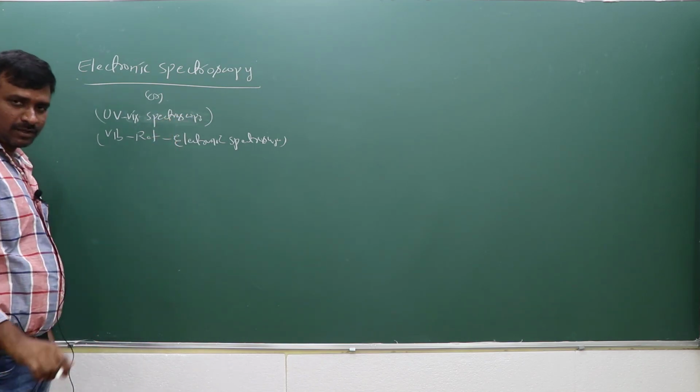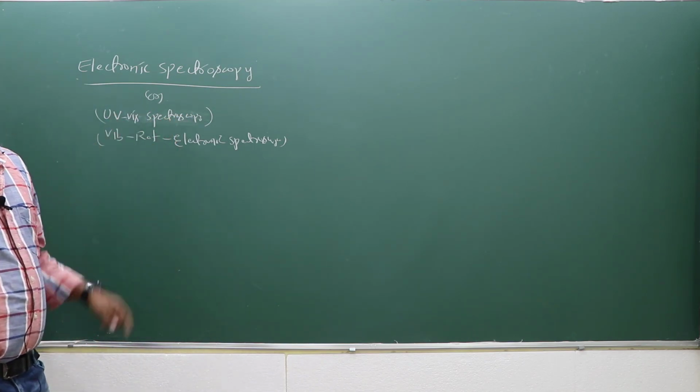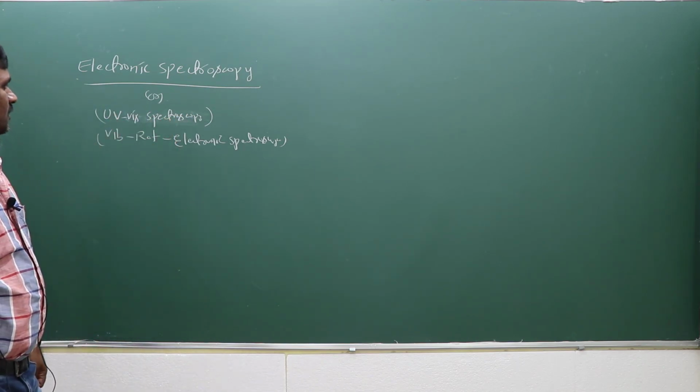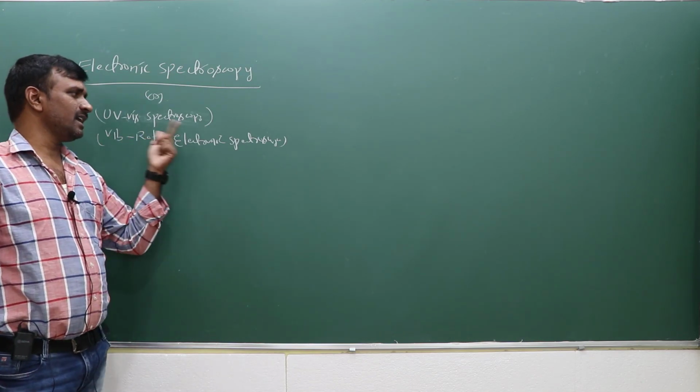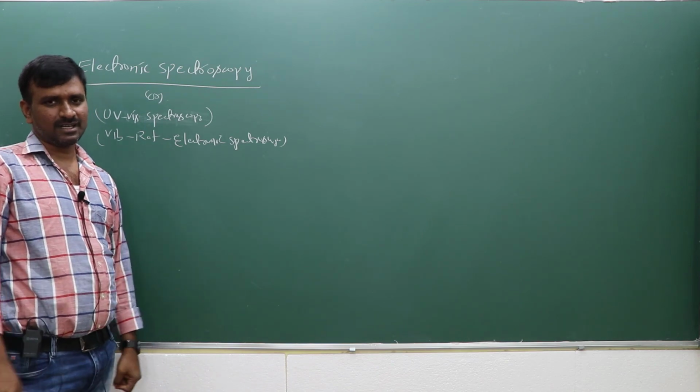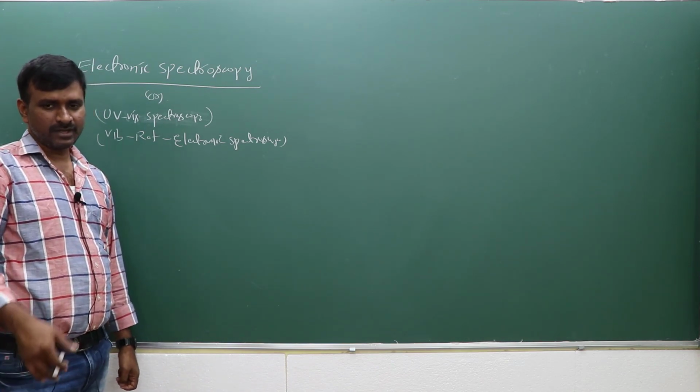So this electronic spectroscopy is also called ultraviolet visible spectroscopy, or vibrational rotational electronic spectroscopy. Why? I can explain later.